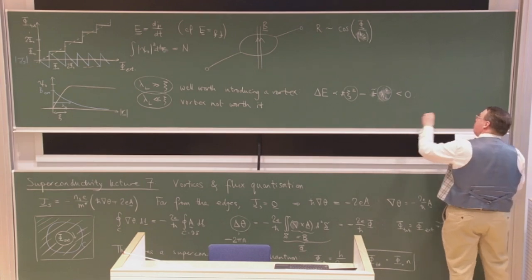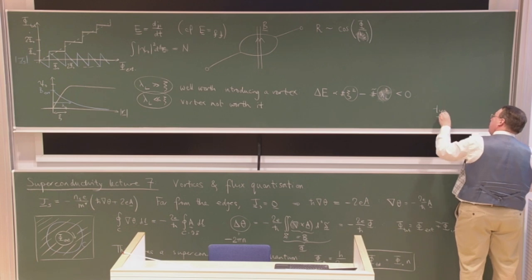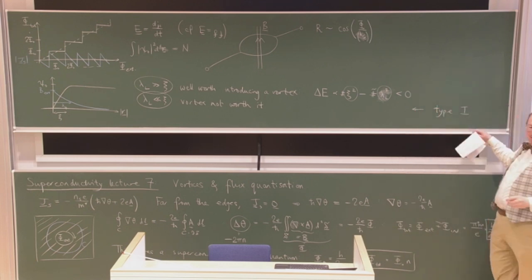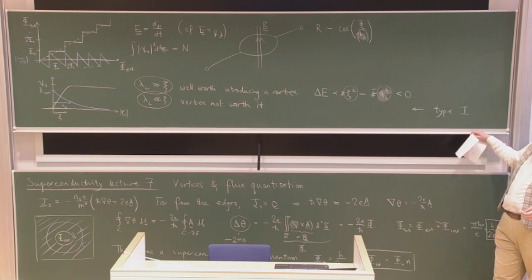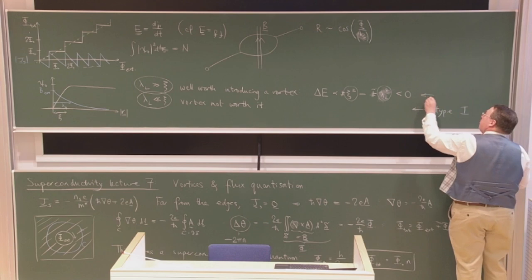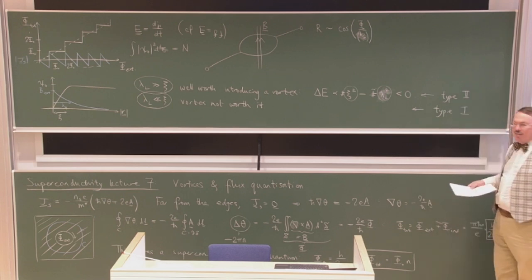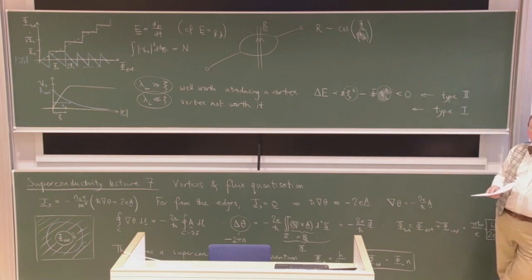Unfortunately, I've written them the wrong way round. This kind of superconductor, where it is never worth admitting a vortex, i.e. where the London penetration depth is short compared to the coherence length, is called type 1. And this type of superconductor, where it is worth admitting a vortex, is called type 2.